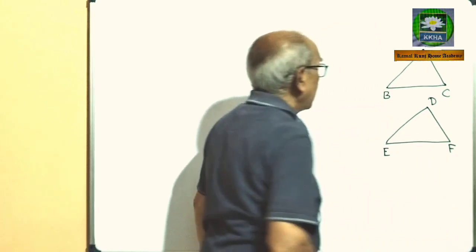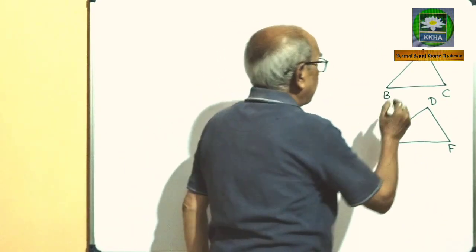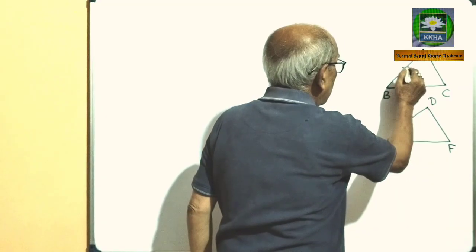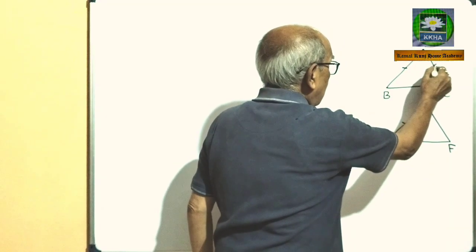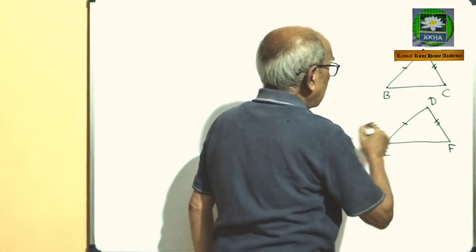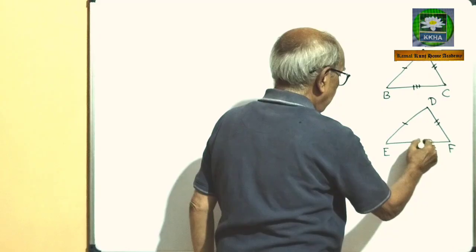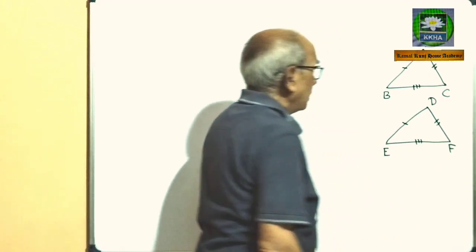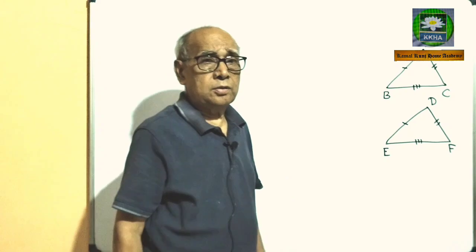There are two triangles ABC and DEF, in which AB is equal to DE, AC is equal to DF and BC is equal to EF. Then we have to prove that these two triangles are congruent.